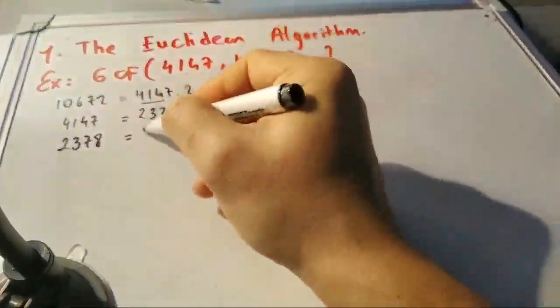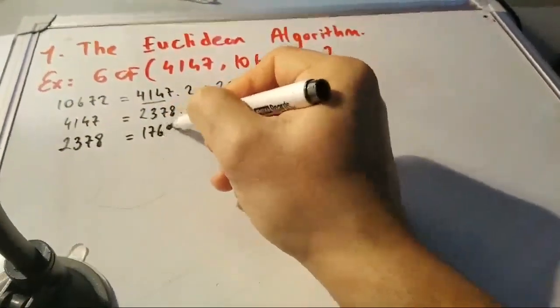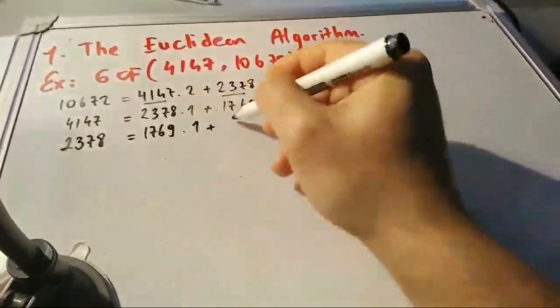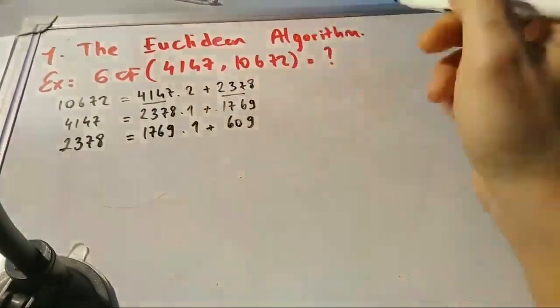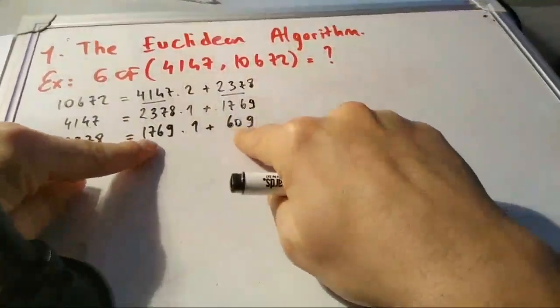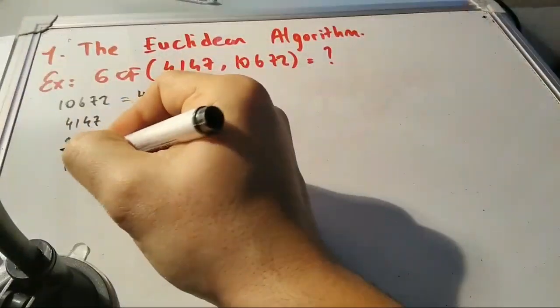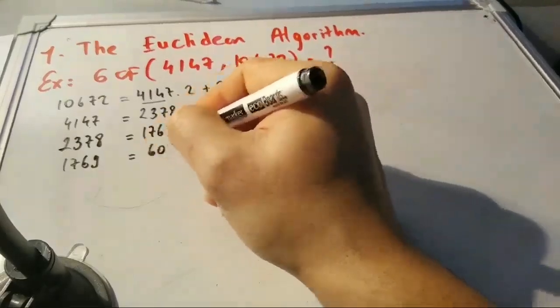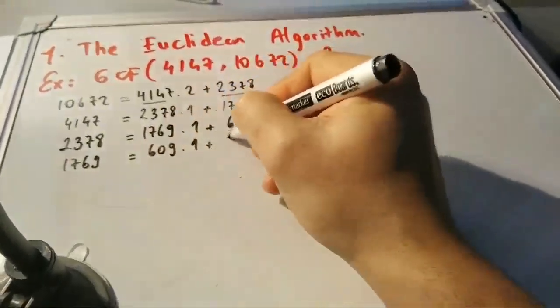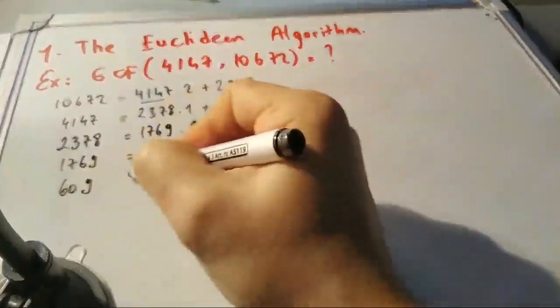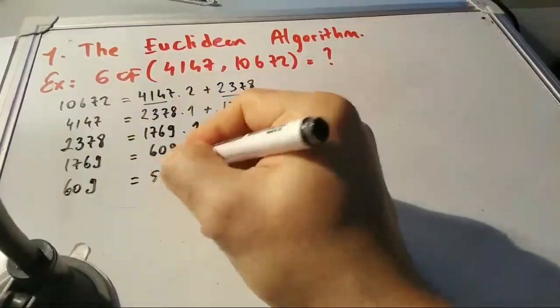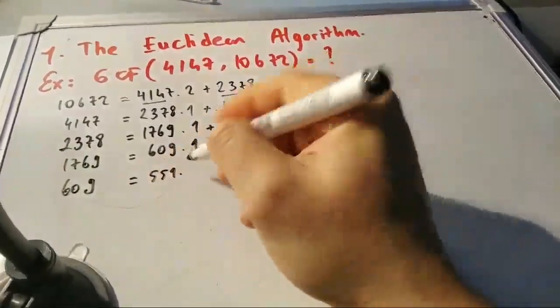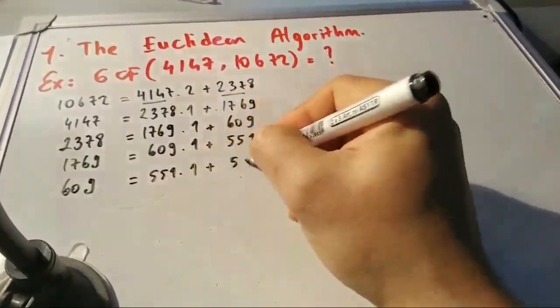2378 is equal to 1769 times 1 plus 609. We are going to take these two numbers, 1769, which means 609 times 1 plus 551. 609 is equal to 551 times 1 plus 58.